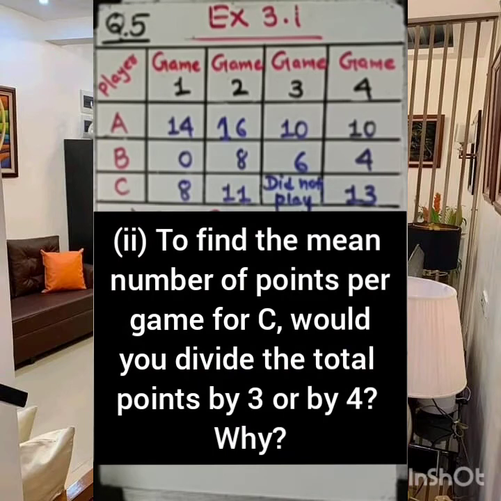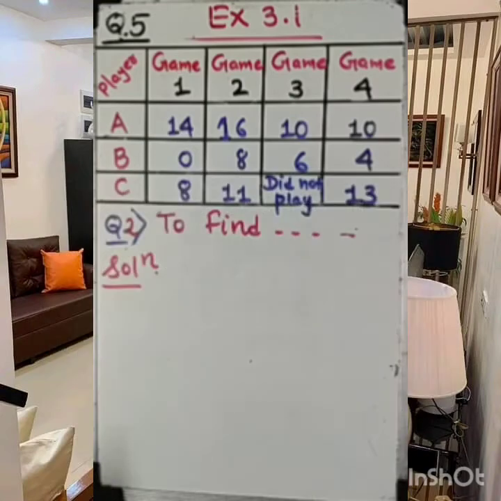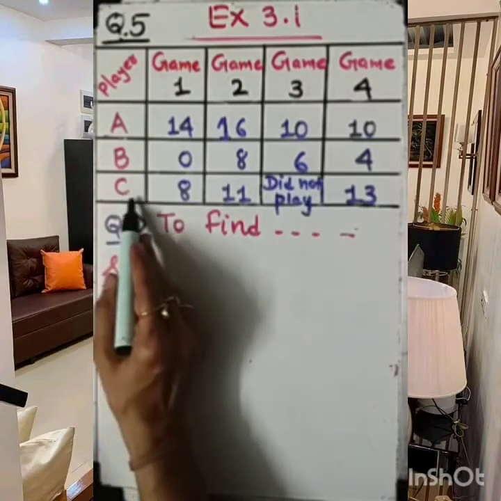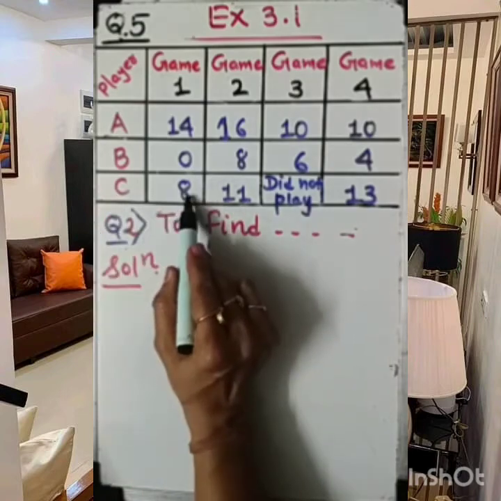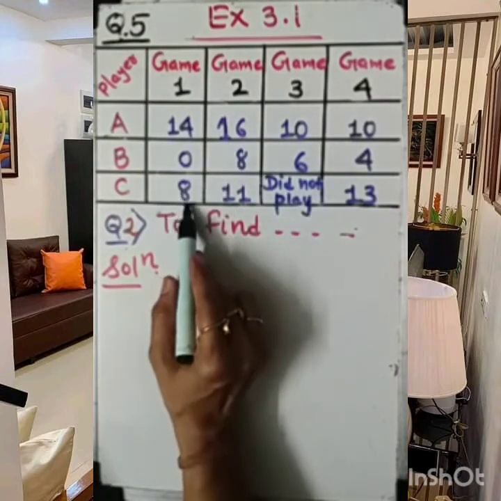So my dear student, question 2 we are given. You can see, find the mean number of points per game for C. Would you divide the total points by 3 or by 4? Why? Very easy, very simple. Dear student, you can observe player C. He played game 1 and scored 8 marks.